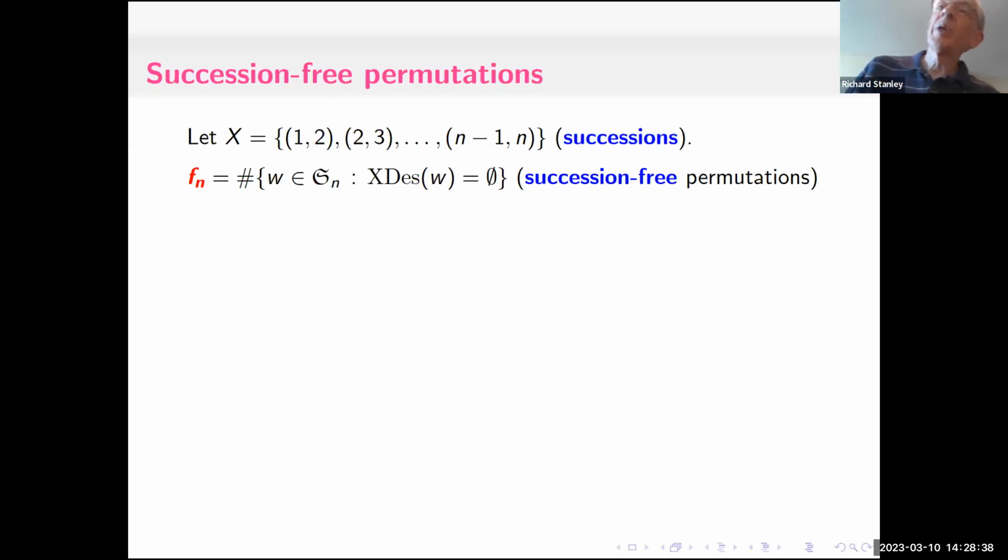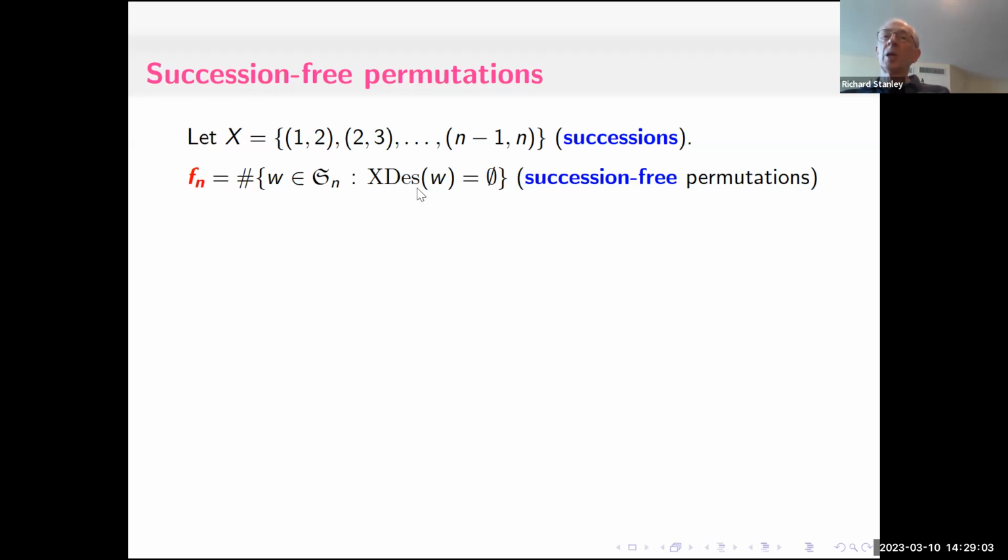Okay, so now let me give one example where UX has very nice behavior, and this is what I mentioned before. We'll just take X to consist of all pairs i, i plus 1: 1 2, 2 3, 3 4, up to n minus 1, n. These are called successions.